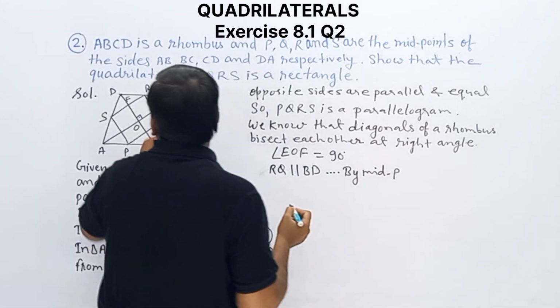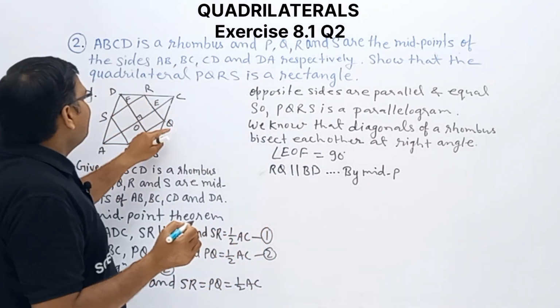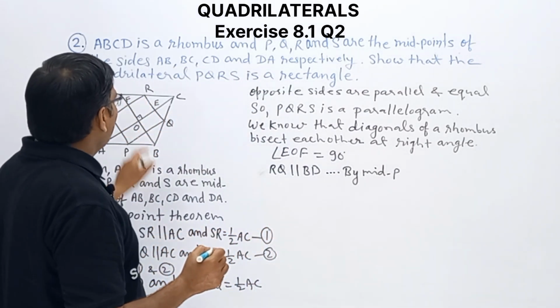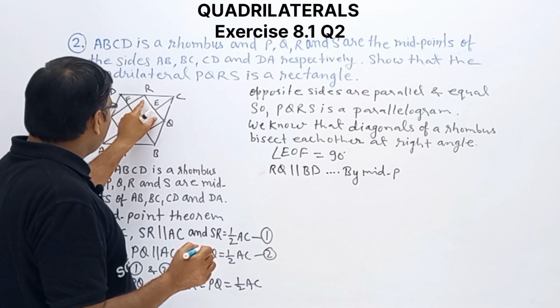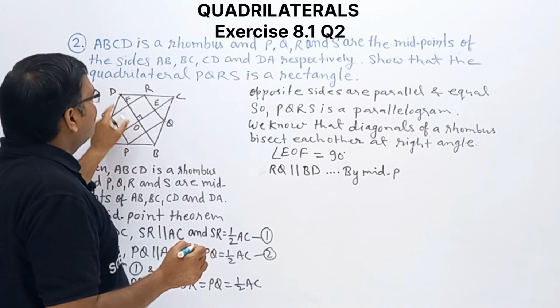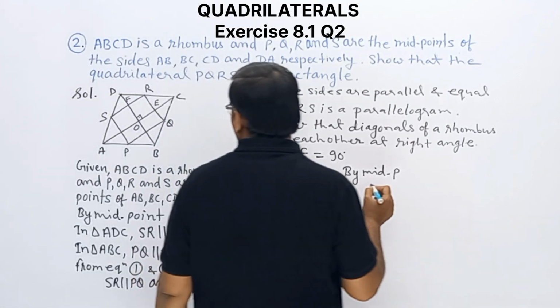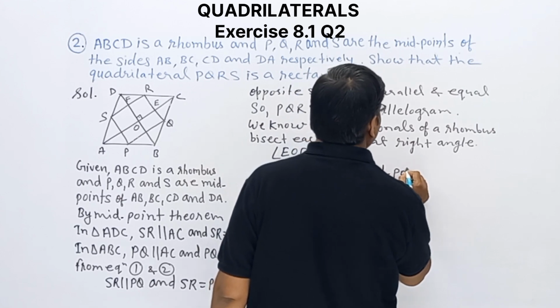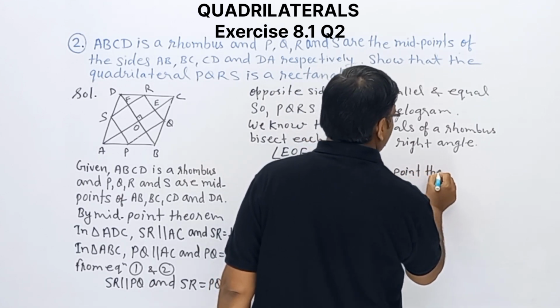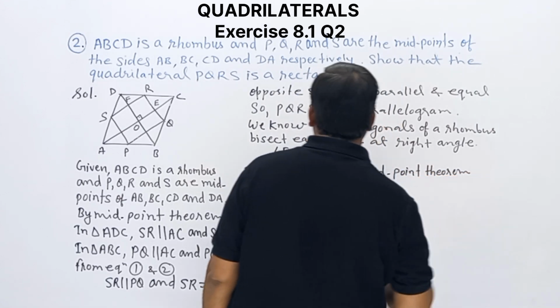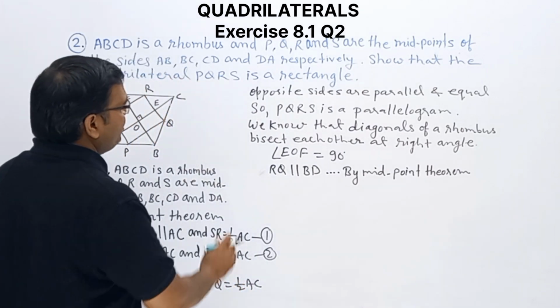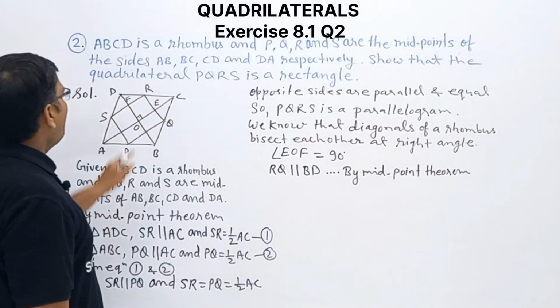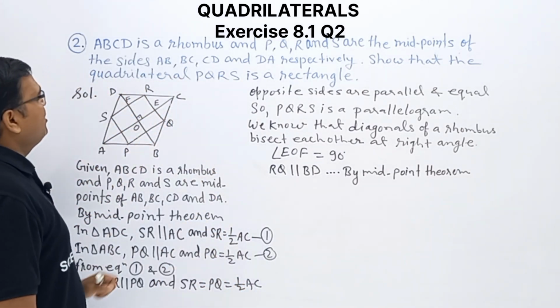Because in triangle BCD, R and Q are midpoints, so the line segment RQ is parallel to the third side BD.